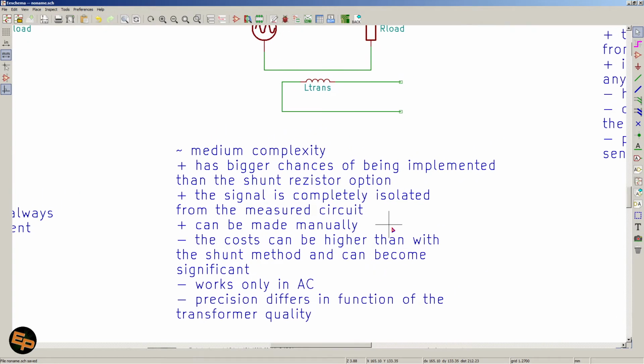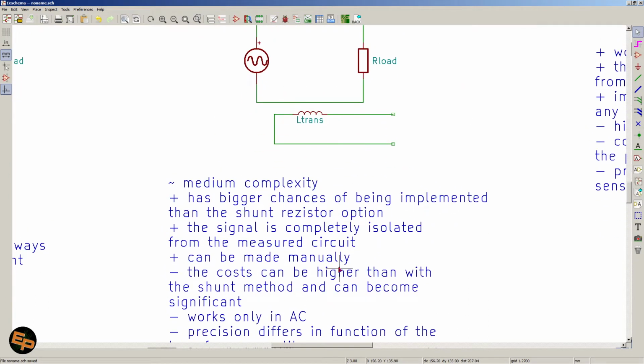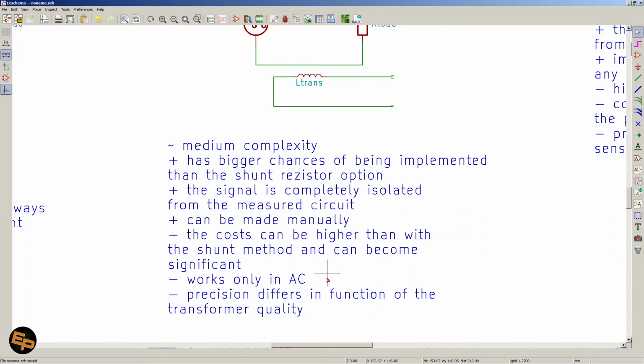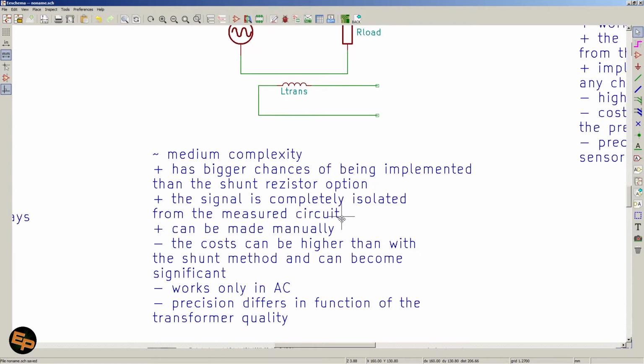The other disadvantage is that it works only in alternating current, like I said, because the induction does not happen in direct current, and also precision differs in function of the transformer quality. Of course, a transformer that we buy has bigger precision than a transformer that we build ourselves, and of course the price also influences precision one way or another.